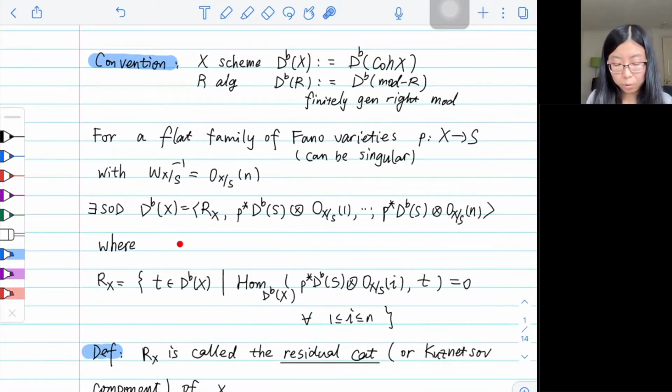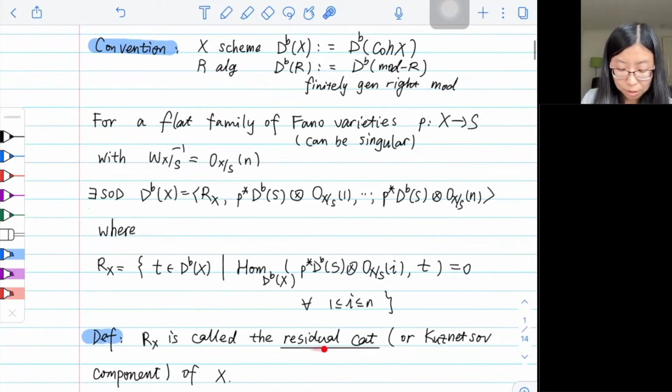Now they will generate the whole category, which gives us a semi-orthogonal decomposition, and this is called the residual category. Usually when you study a single Fano threefold or fourfold, you would see it called the Kuznetsov component. The most famous example would be the cubic fourfold.